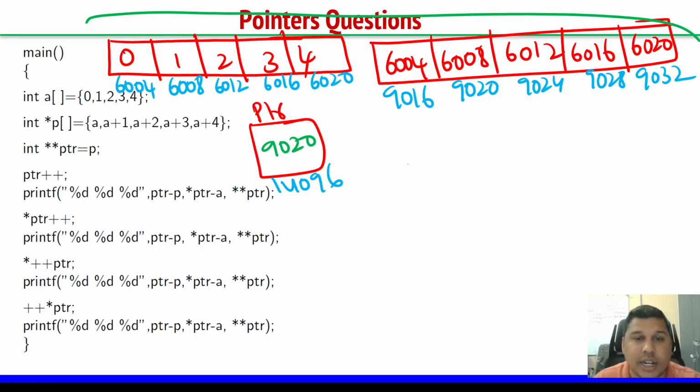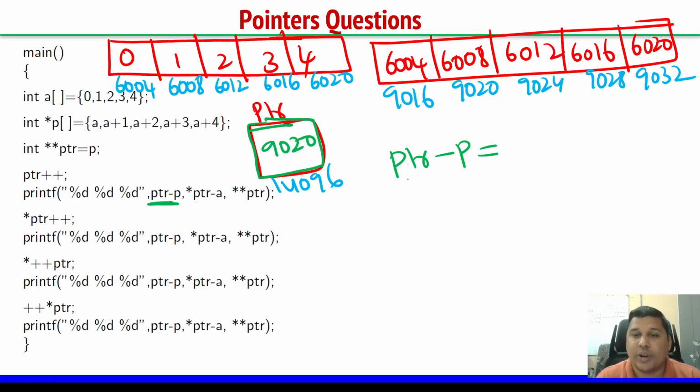Now let us try to answer the questions. Okay, so this value has changed now. Because of that statement, this value has changed. Now I have PTR minus P. Can you find out this answer? Difference between pointers. What is PTR minus P? What is the value of PTR?